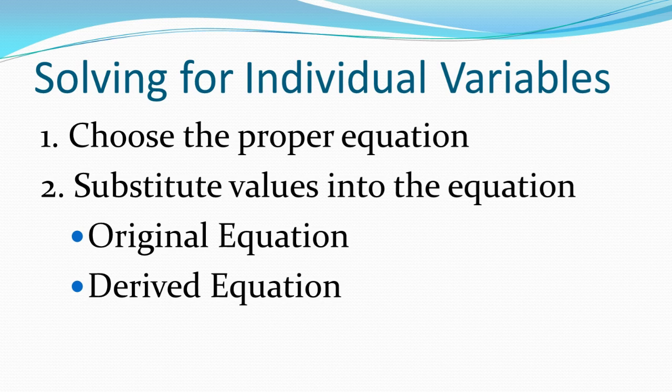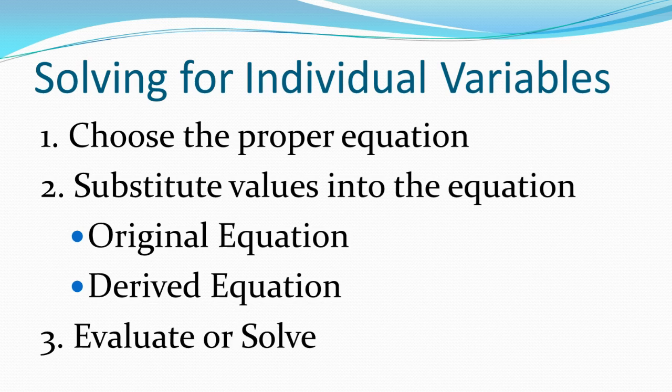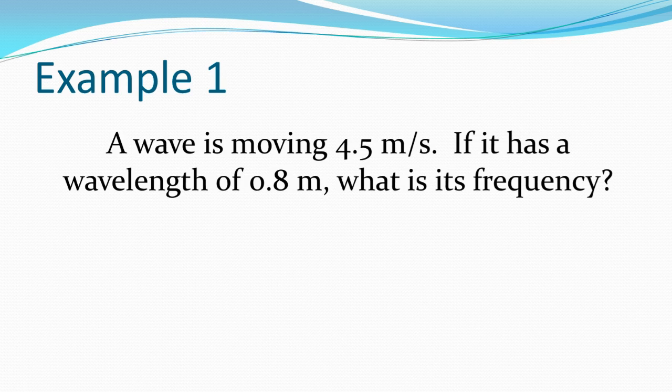It's already by itself. This makes the math more approachable. You'd substitute values in to evaluate instead of using inverse operations to solve. Once you've substituted in, you can either evaluate or solve, depending on whether you've used a derived equation or the original equation. Let's try an example with an original equation.